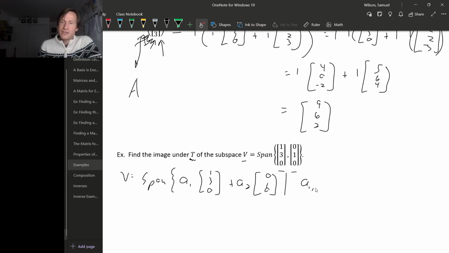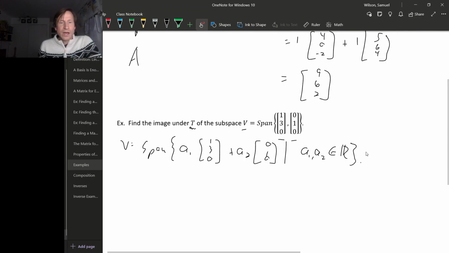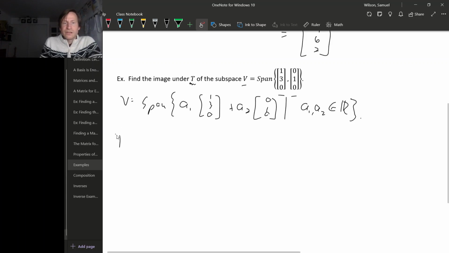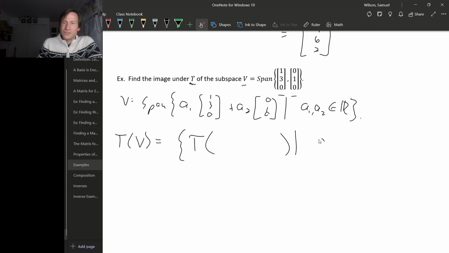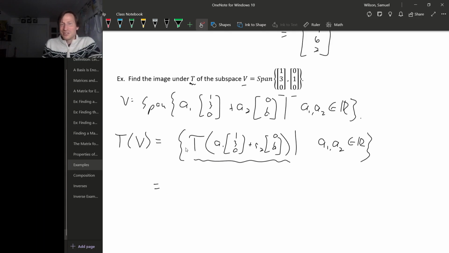Okay, so A1 and A2 can be any real scalar. Okay, so what does T do to this? Well, T of V is just the image of all of these vectors under the linear transformation. So A1 times 1, 3, 0 plus A2 times 0, 1, 0. But by now I hope that your math intuition is screaming out to use the characteristic property of linear transformations.